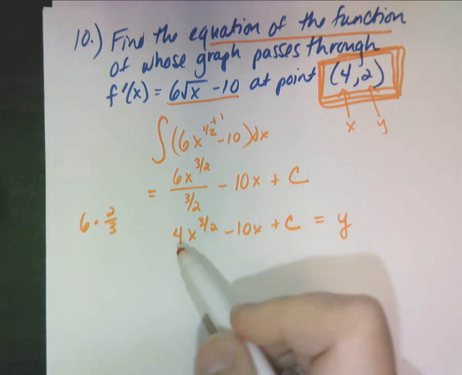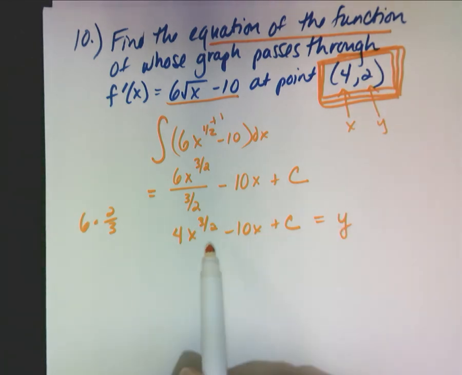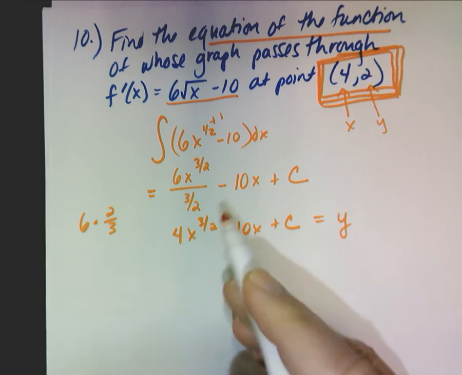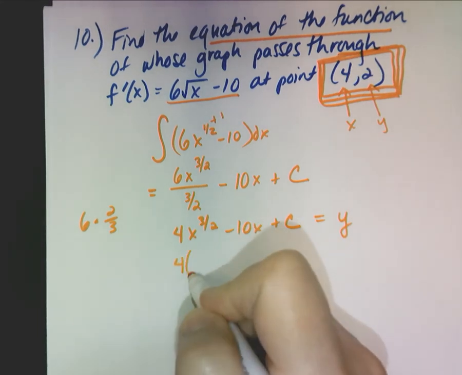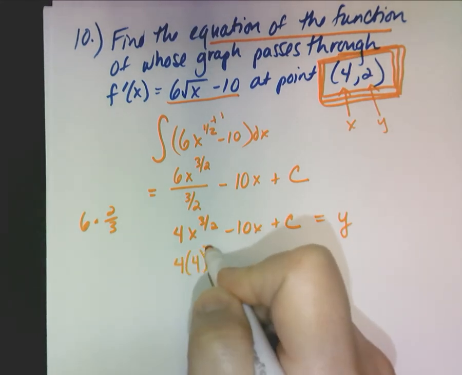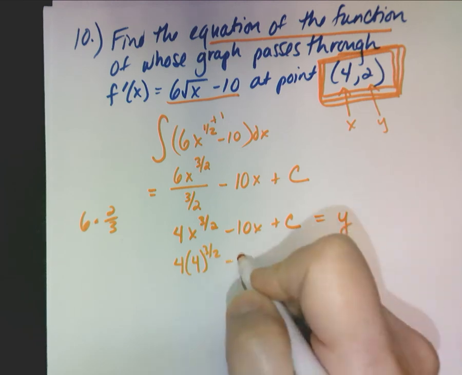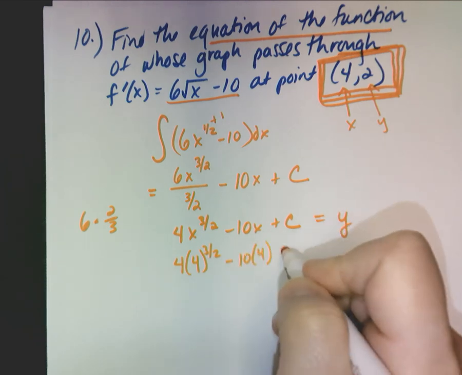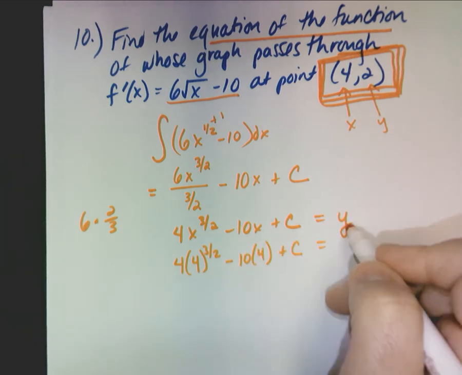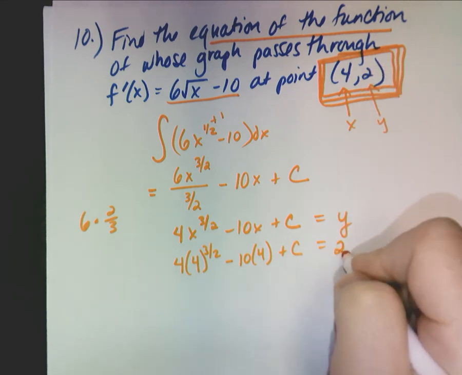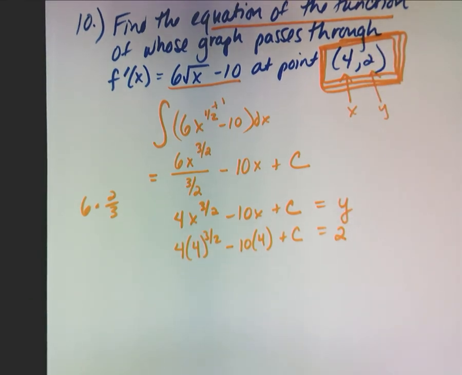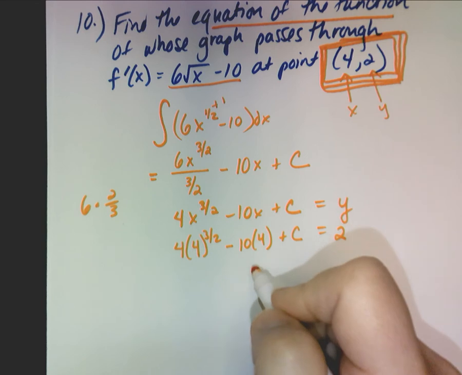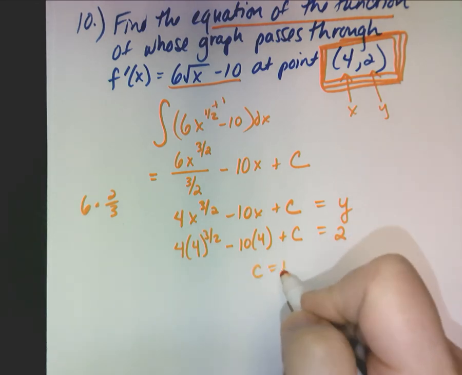So what am I going to do to this equation right here? Well, everywhere I see an x, I'm going to put 4. Oh, 4 times 4 to the 3/2 minus 10 times 4 plus c. And what does it equal? 2. Put that in your calculator and you will get c to be 10.